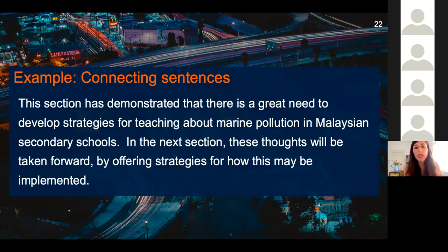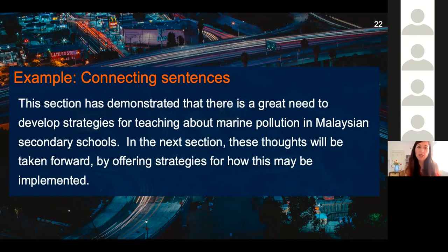So you see here, this is kind of a tool you can use. The first sentence reflects back on what the section has done, and the second sentence reflects forward to what is going to go in the next section of your thesis.